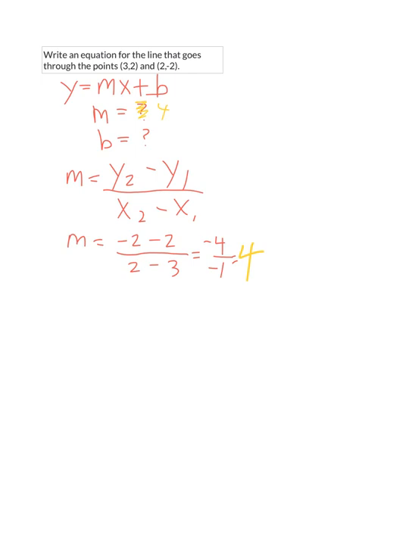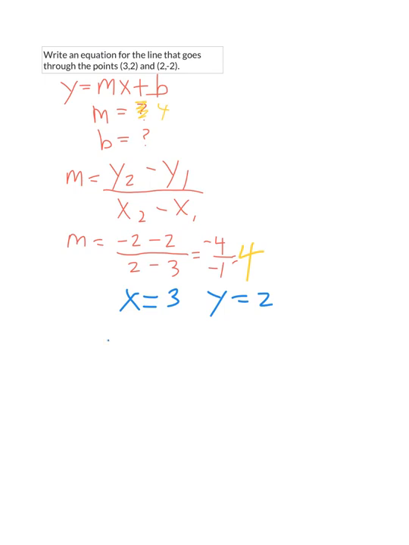Okay, next we're ready to calculate the y-intercept. So just like in the last problem, I need to use an ordered pair. I'm going to use the first ordered pair, x equals 3 and y equals 2. You can use either ordered pair for this. It doesn't matter. So I'm going to use this information in my slope-intercept equation.